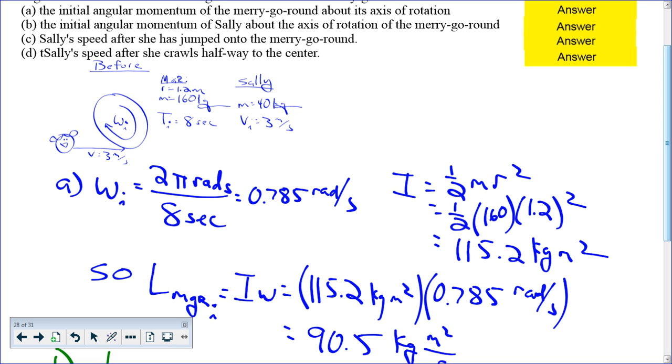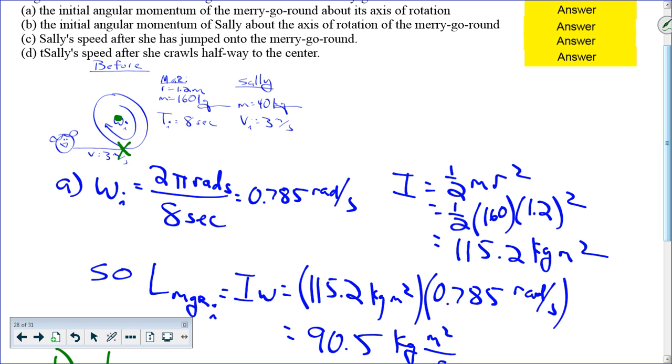So our axis of rotation here is the center of the merry-go-round, right? So do you agree that at the instant she jumps onto the merry-go-round, she's got tangential velocity about that pivot point, that axis of rotation? So we can find her corresponding angular velocity, right?